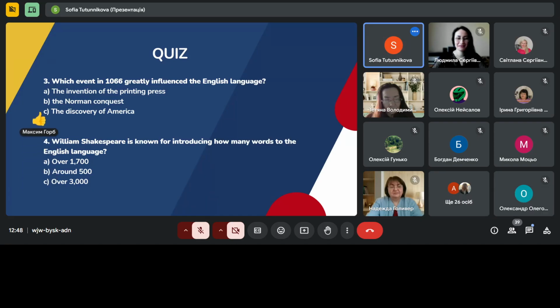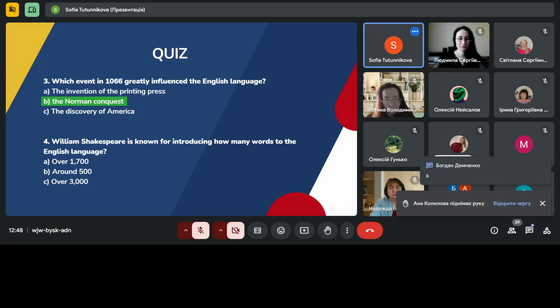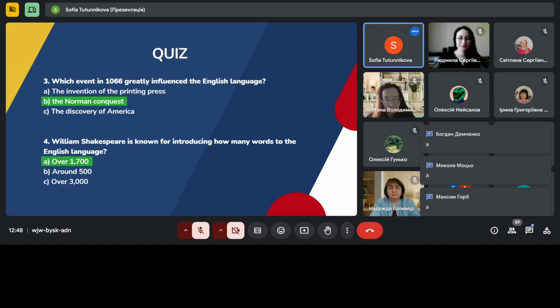The Norman conquest. The fourth. William Shakespeare is known for introducing how many words to the English language? Maybe A. Yes, A.